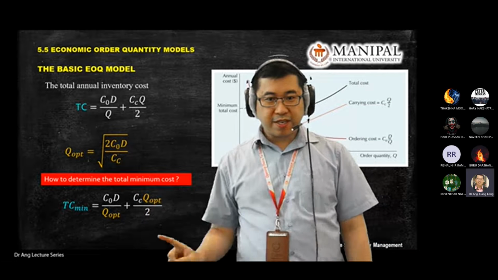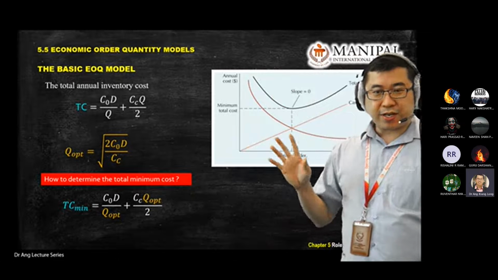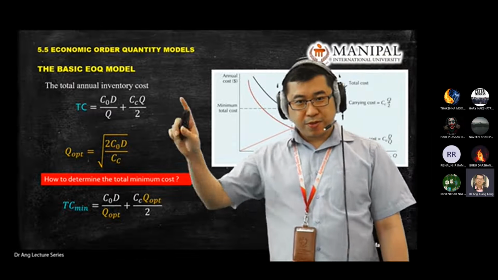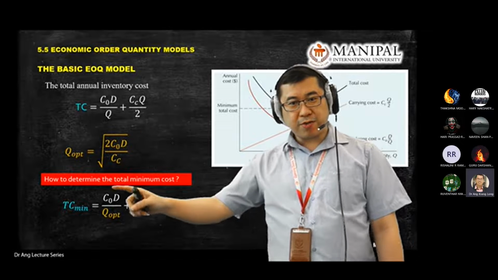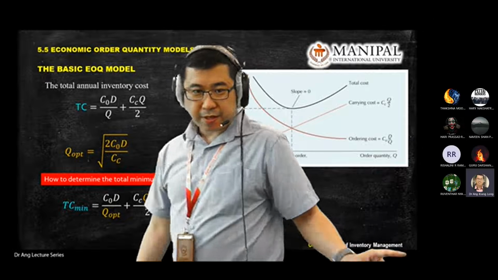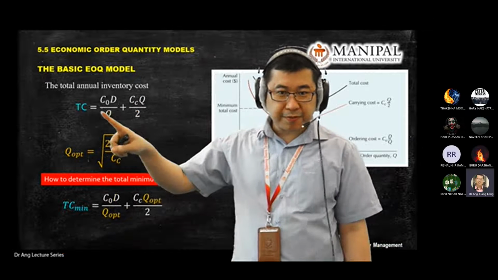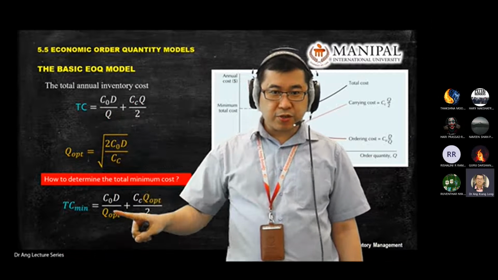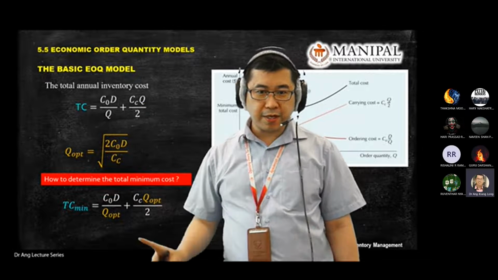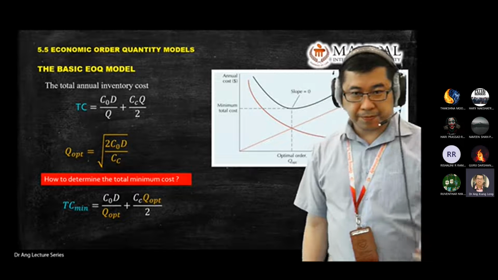So here, you can use the equation that I told you, or you substitute into the total cost equation. But now the Q, you use back the optimum. Okay, sorry, this side. The Q here, you change to Q op. You substitute Q optimum here, Q optimum here. You find the TC minimum.